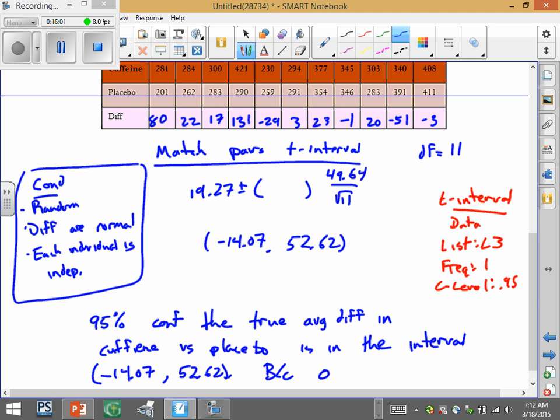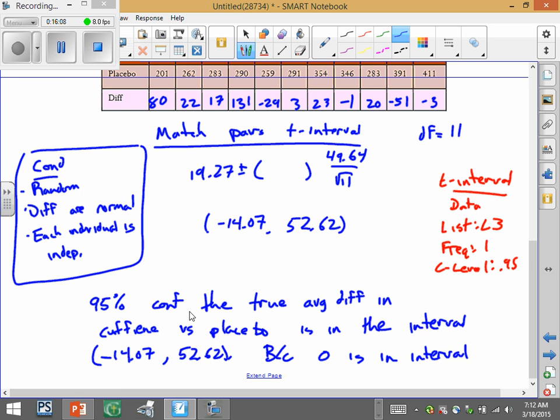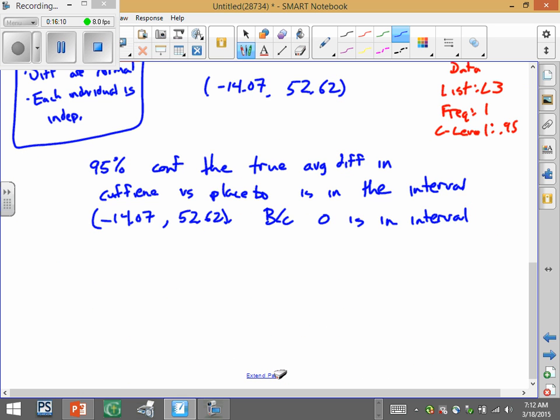Because 0 is in the interval, it appears there is no difference. So because 0 is in that interval, there appears to be no significant difference.